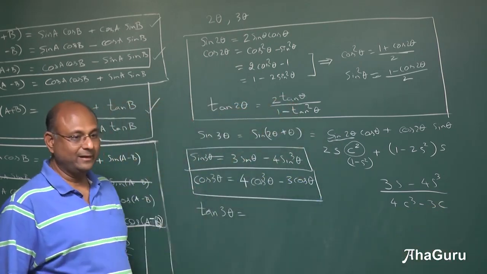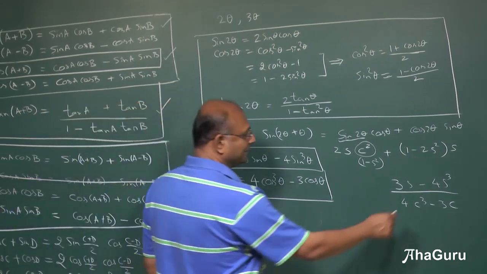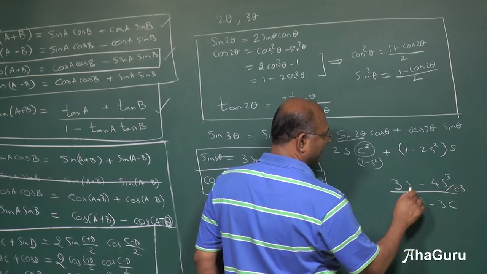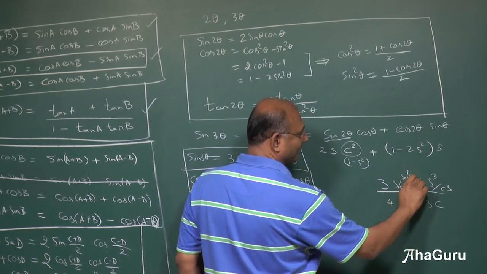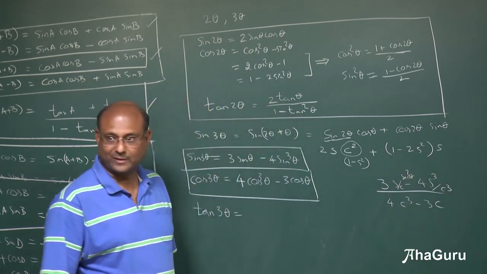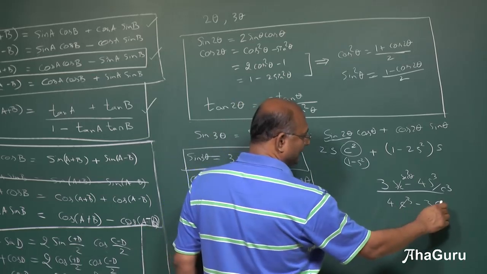Divide everything by cos cube. Secant square, we have 1 by cos square. And then this will basically become 1 and this will become secant square.